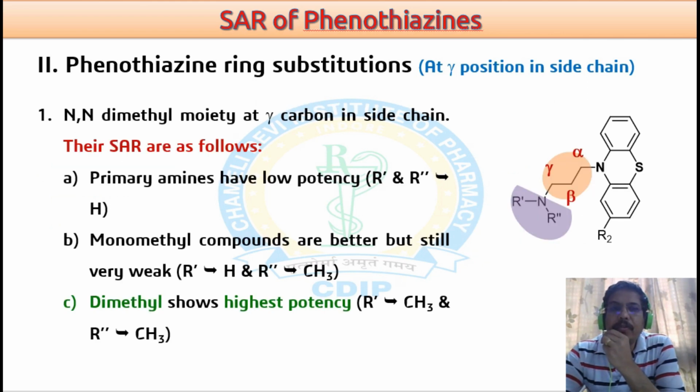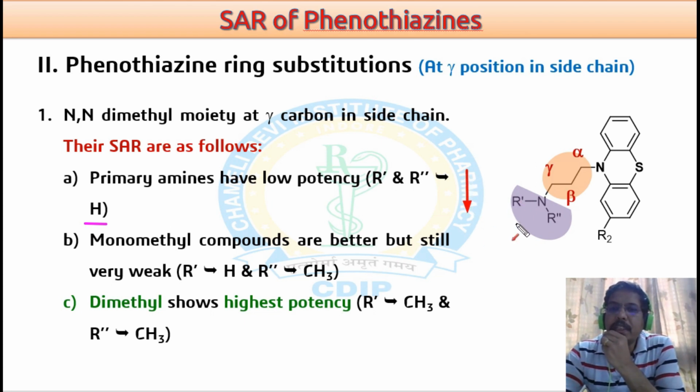So if you look at that, if the terminal gamma carbon has an amino group in the form of only a primary amine, means R' and R'' are only hydrogen, then it has very low activity. In these conditions, the activity is not specific, and it is very low.